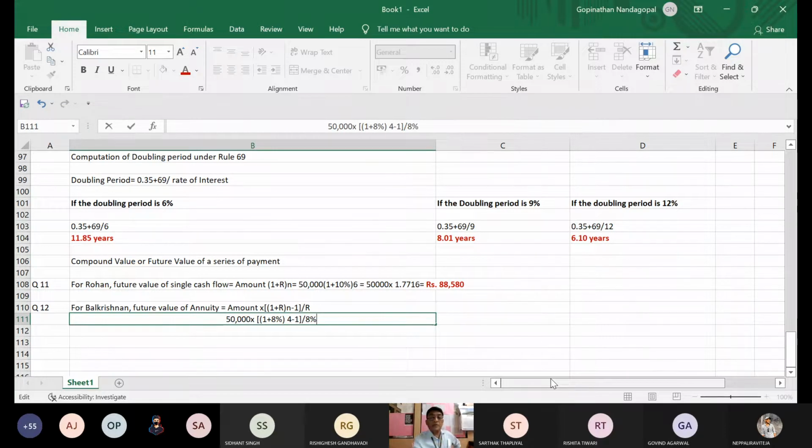Yes, sir. 1 plus R, the power of n, whole minus 1, divided by R. Actually, sir, this should be power of n. No. 1 plus 8% power of 4, then that whole minus 1, divided by 8%.